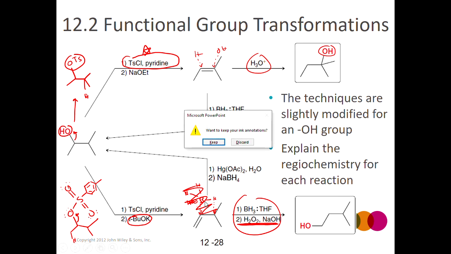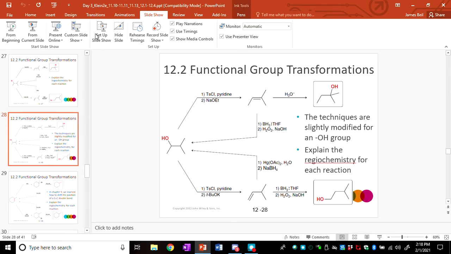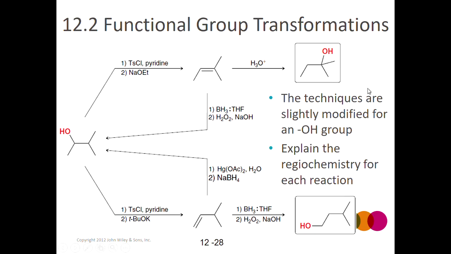Let me get out and get back in so we can draw that in. So here, the boron and hydrogen add across the pi bond at the same time. And since the BH2 is a little bit more sterically bulky than the hydrogen, it goes to the carbon that's a little less sterically hindered than the one the hydrogen goes to.